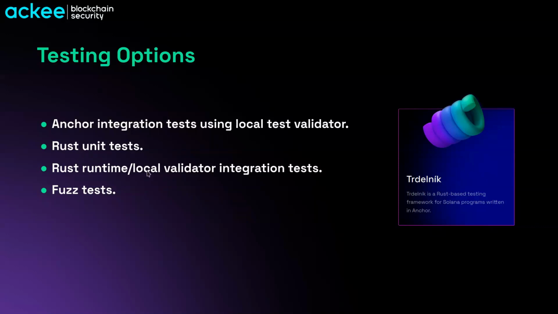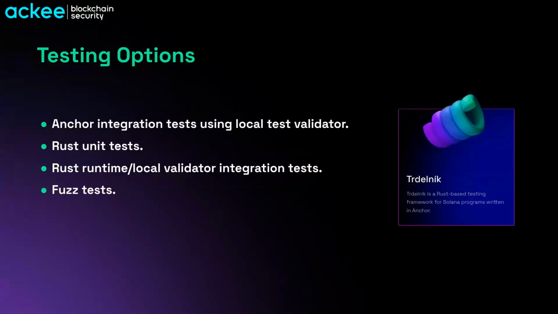And there are also other alternatives for how to test with Rust. Either you can use the runtime, which basically does not spin up the whole local validator. It's, I would say, faster to run the tests, but maybe some features of the blockchain are not available.